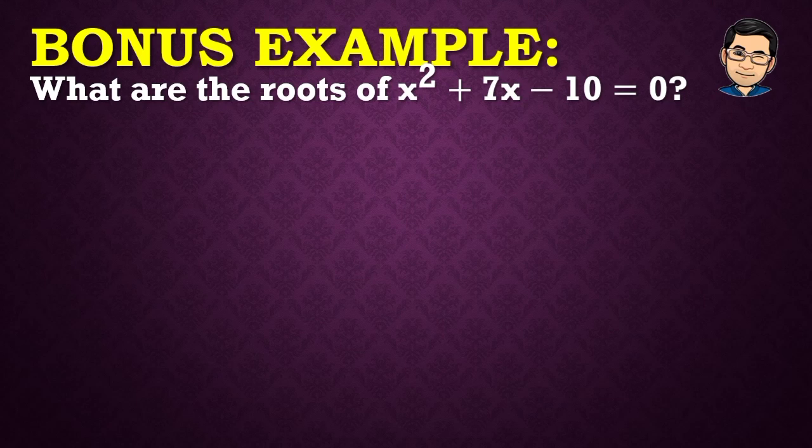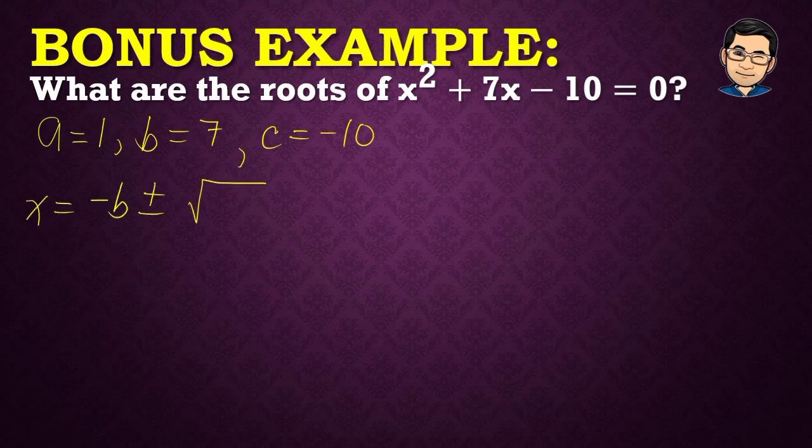Okay? So, let's have the first step. Identify the values of a, b, and c. A is 1, b equals 7, and c equals negative 10. So, let's apply quadratic formula. X equals negative b plus minus the square root of b squared minus 4ac all over 2a.